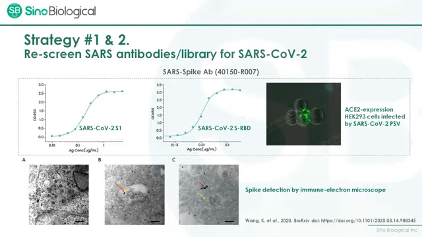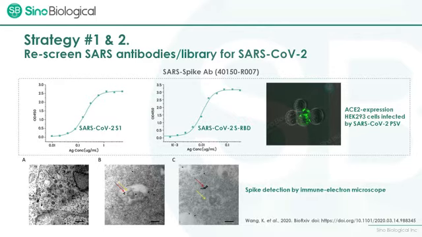very well. And then we also retested these antibodies to see whether they can recognize the pseudoviruses of SARS-CoV-2. When the pseudoviruses infect the ACE2-expressing HEK293 cells, we can clearly see the interaction between the antibody and the pseudoviruses.